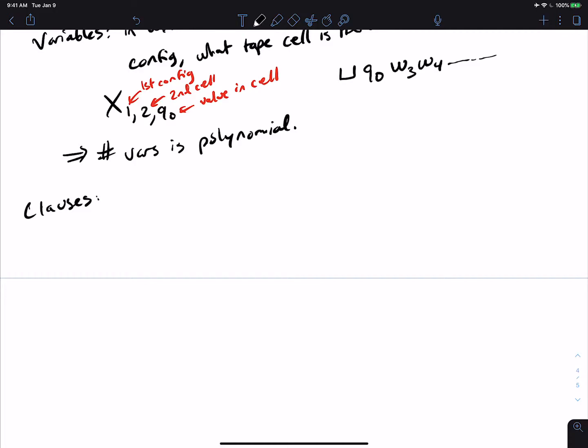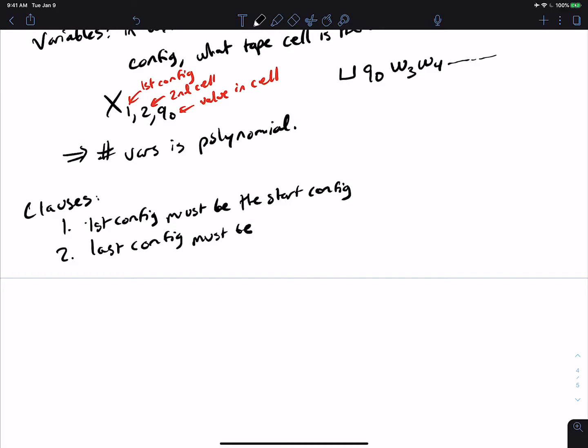Well, we're going to have a clause for the first configuration must be the start one, the start config. So that always must be true. The last config must be an accepting one.